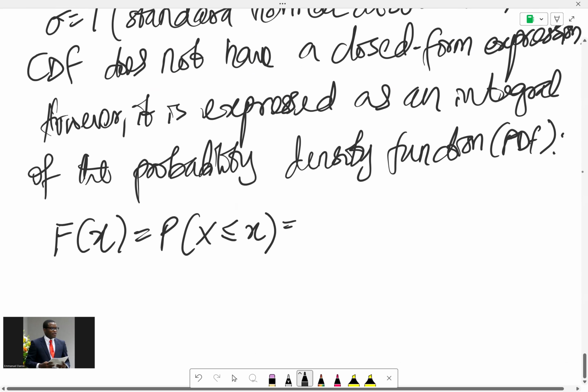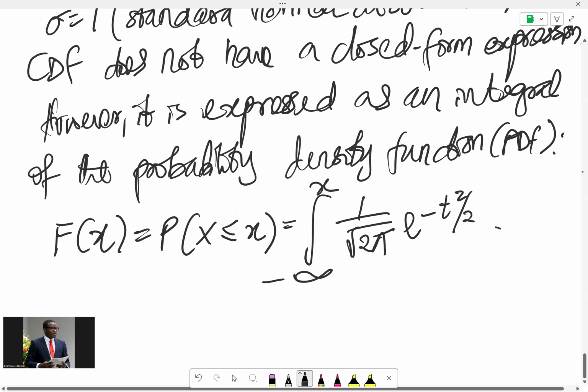Instead of summing, we integrate from negative infinity to a given x: 1 over square root of 2 pi, e raised to the power minus t squared over 2, dt. So, no closed form.